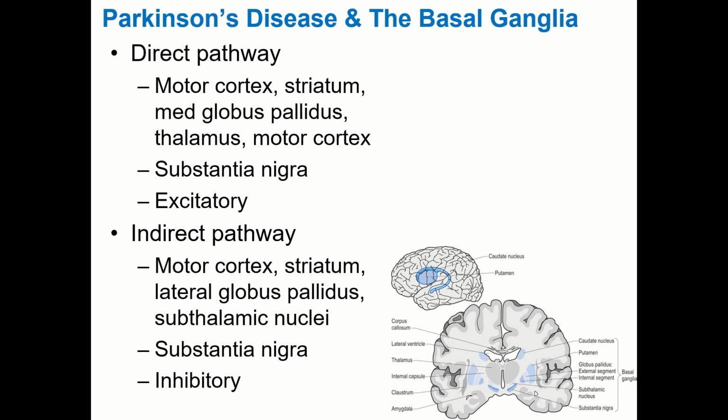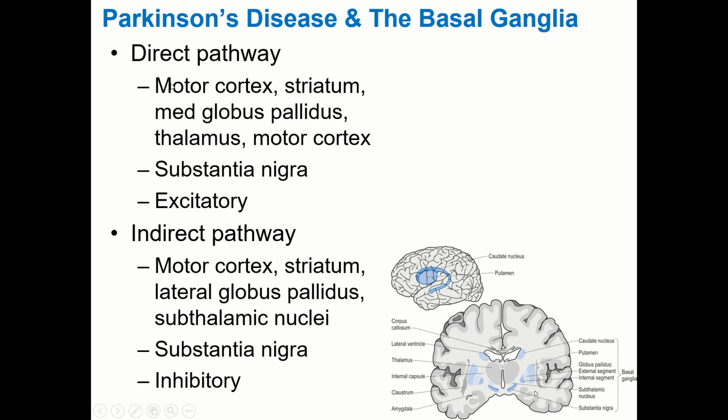So how the basal ganglia work, again, their primary job is to control movement. I mentioned earlier that the pyramidal cells from the primary motor cortex synapse not only with the alpha motor neurons at that particular spinal cord level of the muscles that we want to activate, but those pyramidal cells also synapse in other parts of the brain.